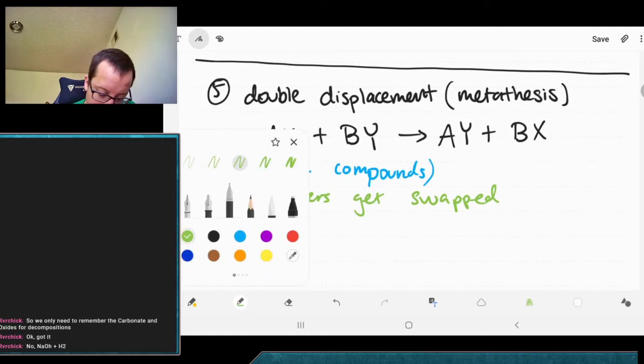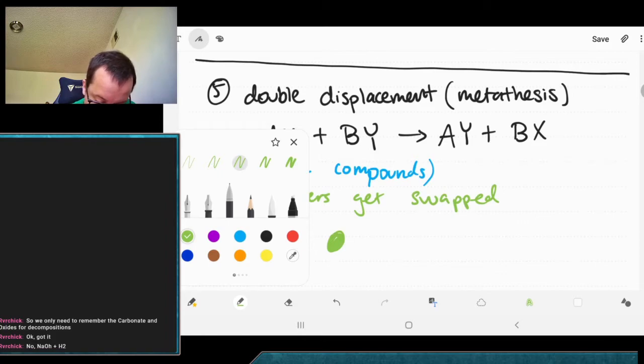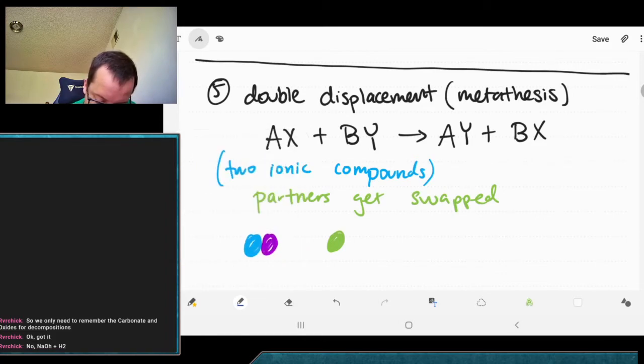And so, visually you might say, okay, well, we have blue dot with purple dot. And then we have green dot with, how about dark blue dot? And over the course of the reaction, what's going to happen is you will just switch the pairs.